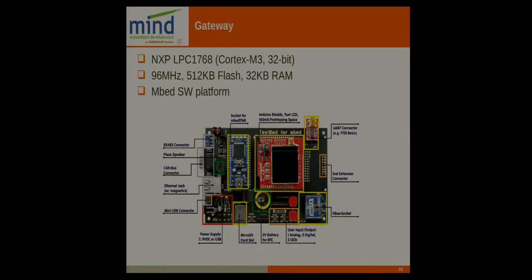So what did we use to develop this library? We used the development platform, which is located here. And of course, the gateway of our client was also based on this microcontroller, the NXP LPC1768, which is a Cortex-M3 32-bit microcontroller. It's 96 megahertz and only 32 kilobytes of RAM.